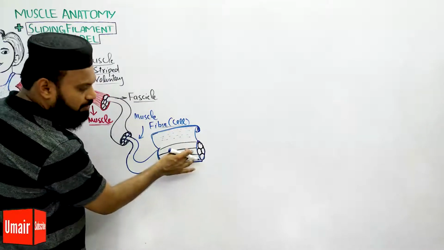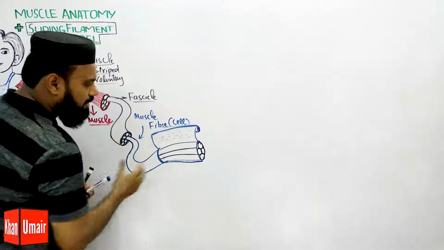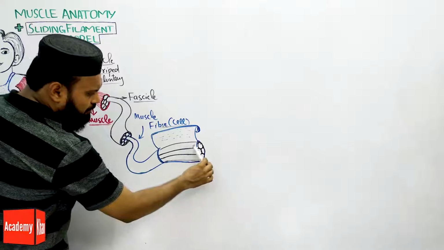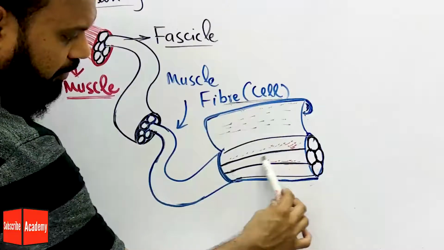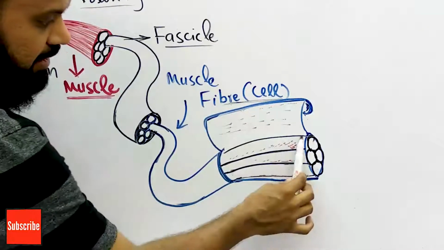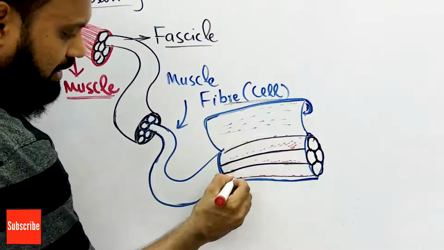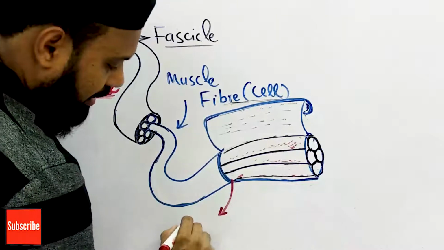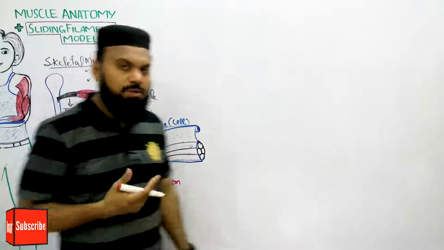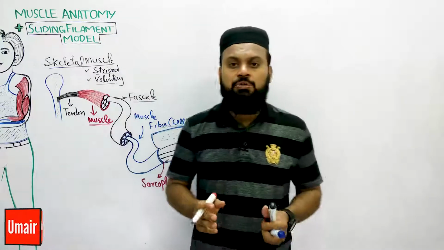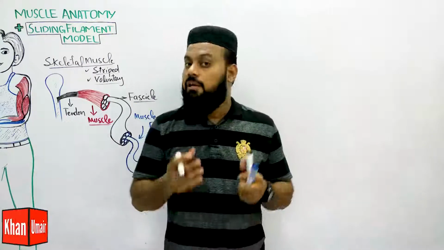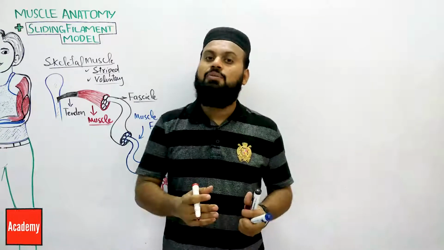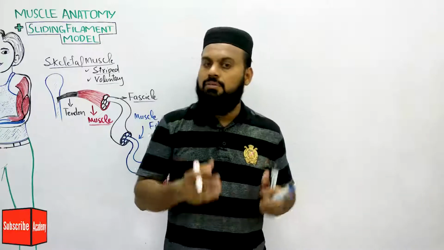They are called myofibrils. I will tell you later about this, but I want to show you the anatomy of the muscle cell. In a cell, you will see a fluid. This fluid is just like cytoplasm, but here we call it not the cytoplasm, but the sarcoplasm. So keep in your mind that we generally use sarcomere, sarcoplasm, sarcoplasmic reticulum, sarcolemma.